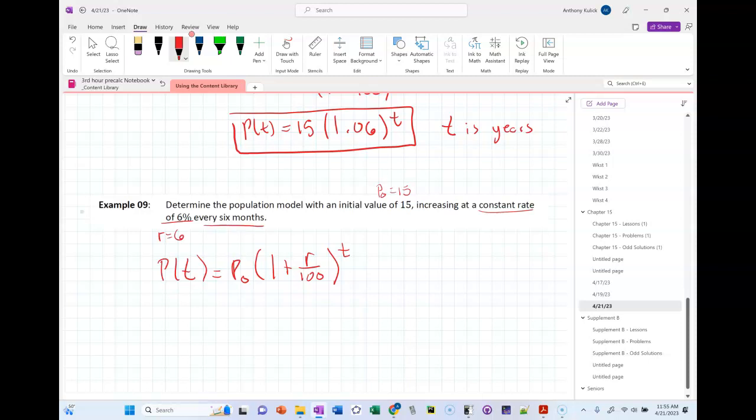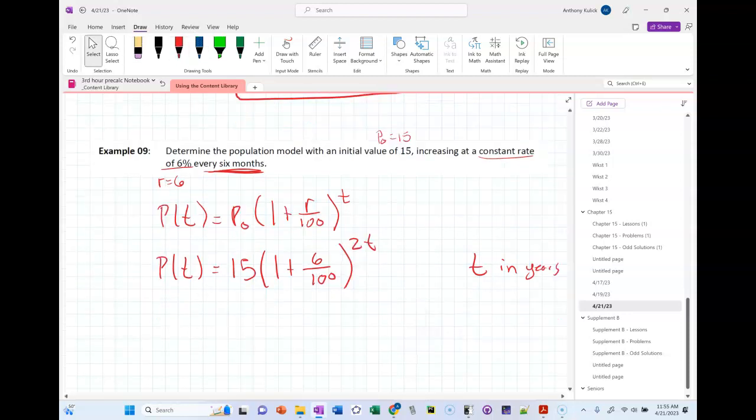But here it says every 6 months. That's the only difference. Could you do that as 1/2 if you're in years then? Yeah, so we're going to write this much, right? And if we do T in years, how many times does 6 months happen in a year? Twice. So we'd say 2T.